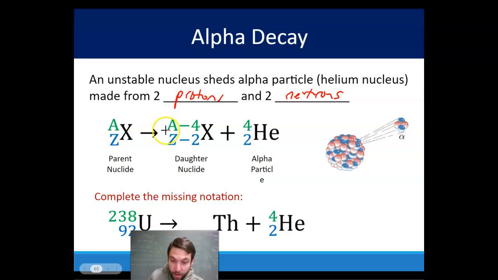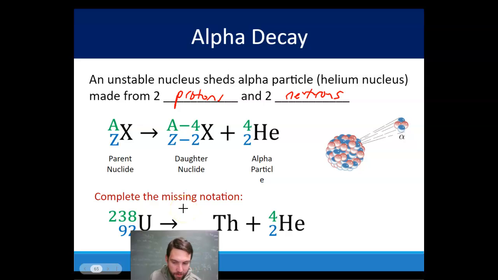For the daughter nuclide, for our proton number, we're going to subtract 2 from that. That's going to allow us to determine what this element is. Then, to figure out which isotope it is, we're going to subtract the number of protons plus neutrons from the mass number.